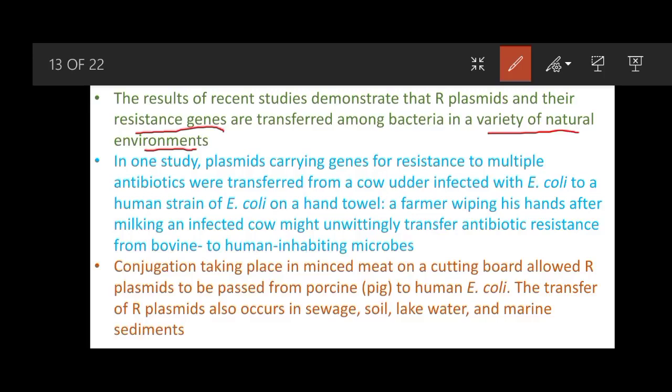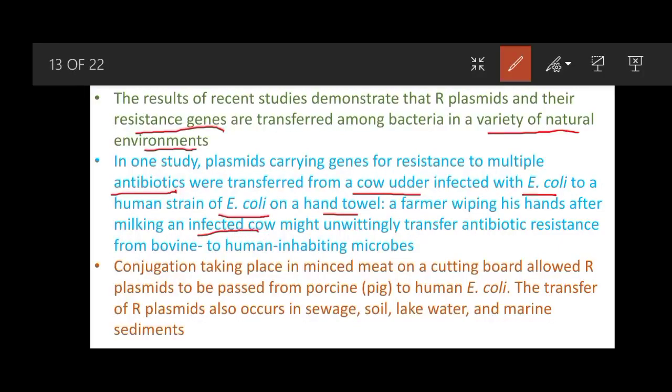In one study, plasmids carrying genes for resistance to multiple antibiotics were transferred from a cow udder infected with E. coli to human strains of E. coli on a hand towel a farmer used when he milked the cow with the infected udder, and then wiped his hands after milking.